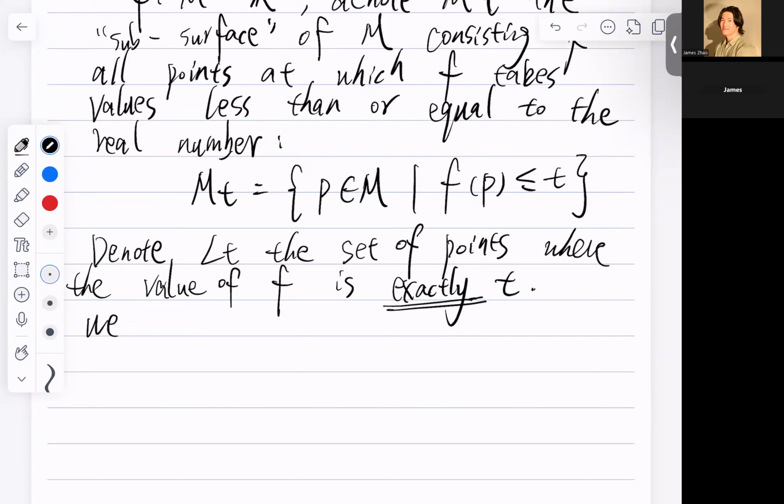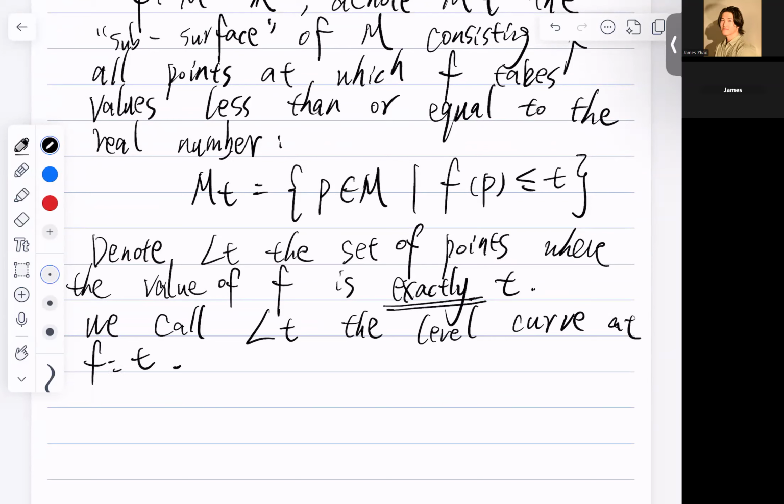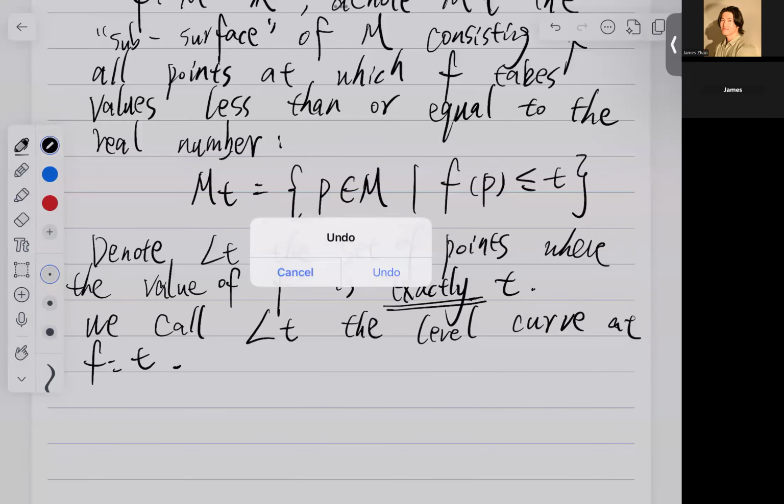And we call this LT the level curve, or we say the level set at f equals t. So the subsurface Mt is everything below the level curve LT, and the level curve LT is the boundary of the subsurface Mt. Right? That makes sense?